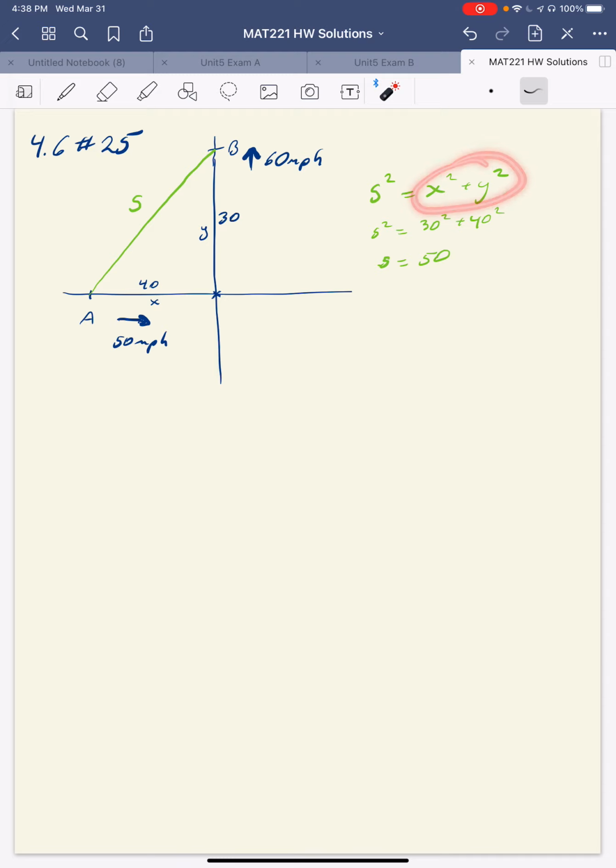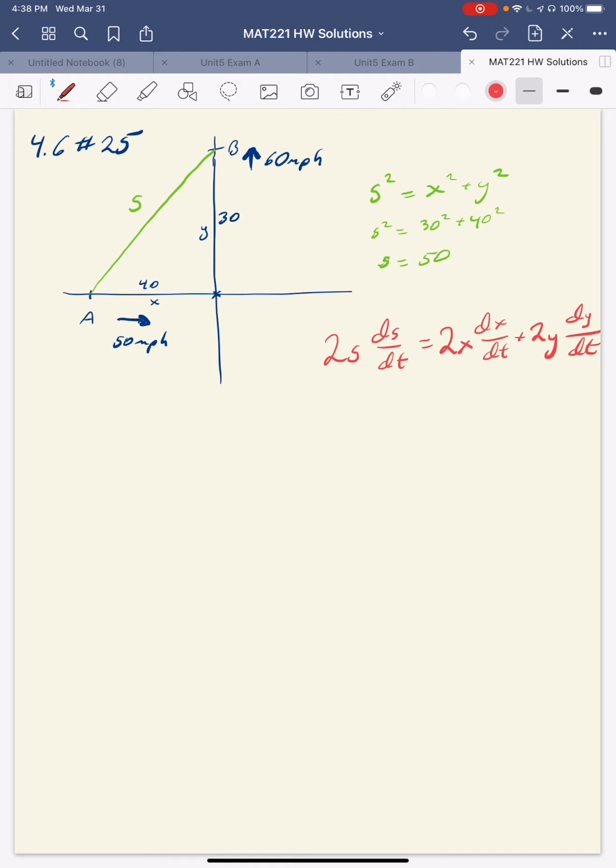When I do that, I'll end up with 2s ds/dt equals 2x dx/dt plus 2y dy/dt. That's using the chain rule, so you remember that from when we learned about implicit differentiation in our last unit.